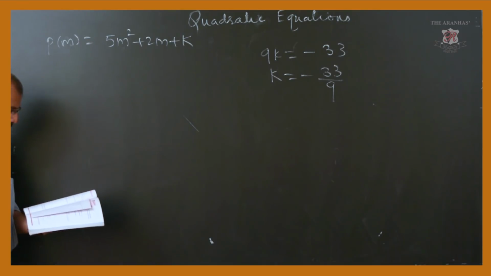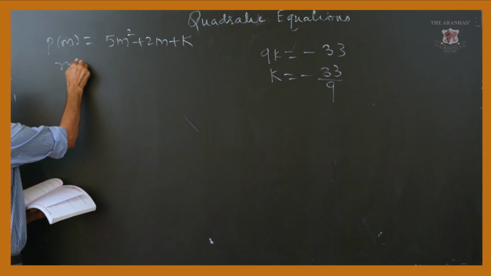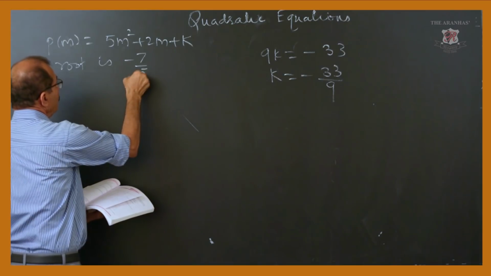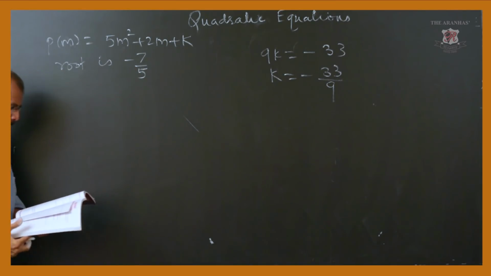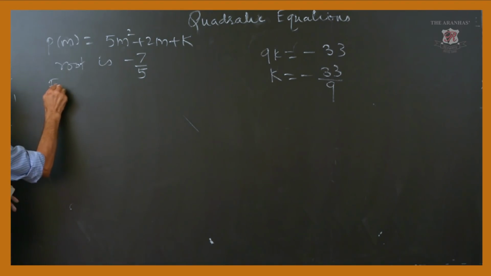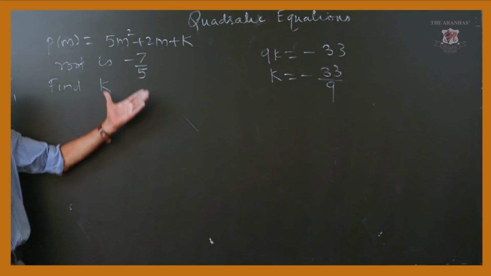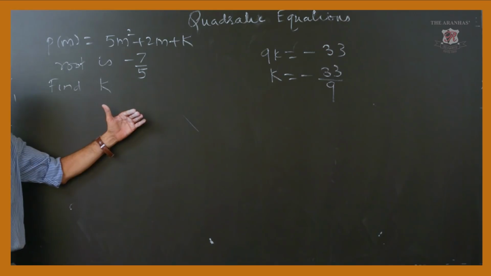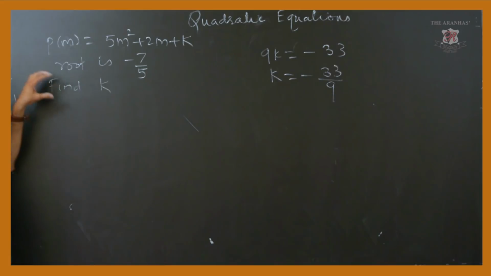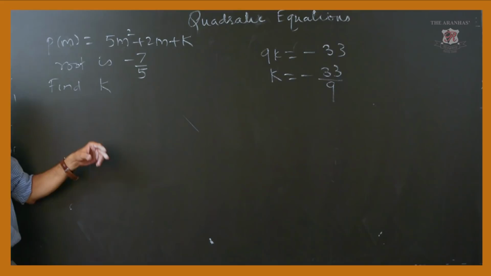So, this is the polynomial given to you, and it is said that one of the root is minus 7 upon 5. You have to find again k. Same sum it is. You are given this as the polynomial, root is said minus 7 upon 5, and you are asked to find k.